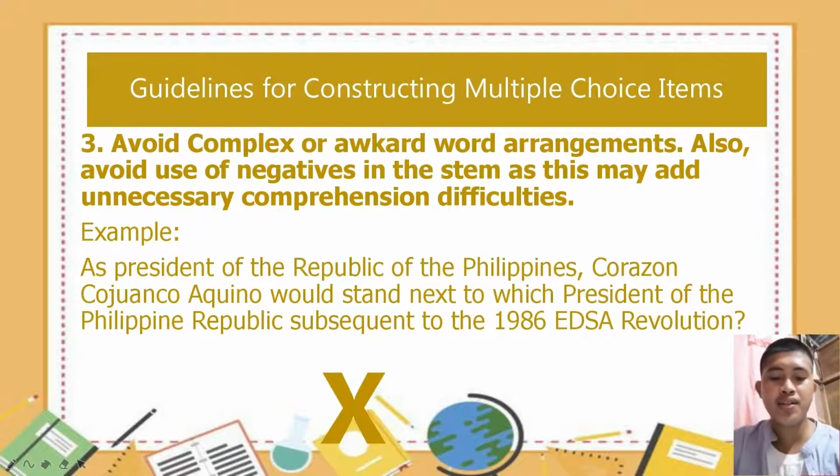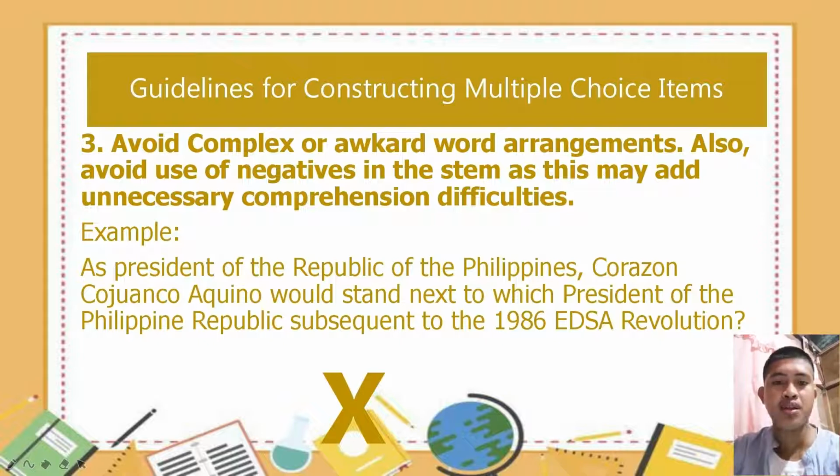So now here is the third guideline for constructing multiple choice items. Avoid complex or awkward word arrangements. Also, avoid the use of negatives in the stem as they may add unnecessary comprehension difficulties. Example: As President of the Republic of the Philippines, Corazon Aquino would stand next to which President of the Philippine Republic subsequent to the 1986 EDSA Revolution?